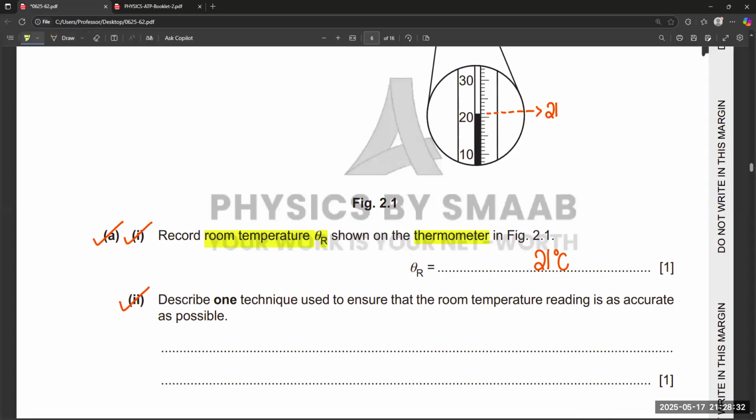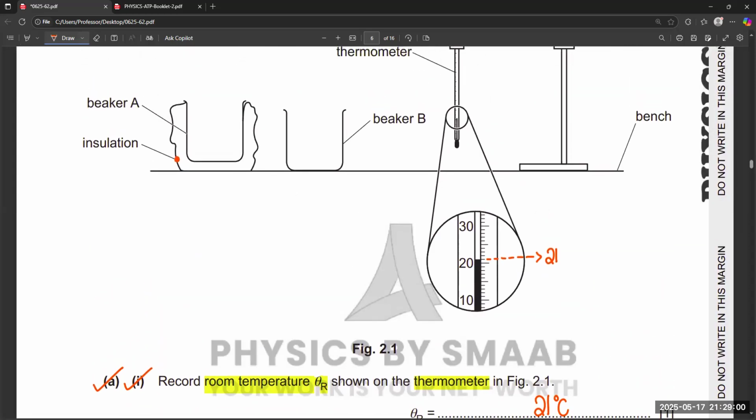Second part: describe one technique used to ensure that the room temperature reading is as accurate as possible. So we have to mention one technique. We know that when we use a thermometer or ruler, there is a chance of getting parallax error. So always observe the thermometer reading from the front, right?